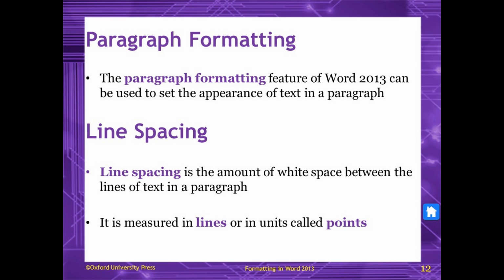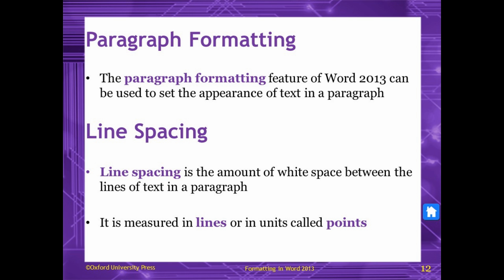The predefined settings of a paragraph are 0 at the left and right indents, 0 points before, and 8 points after the paragraph. The next is line spacing. Line spacing means the amount of white space between two lines of text in a document or in a paragraph.